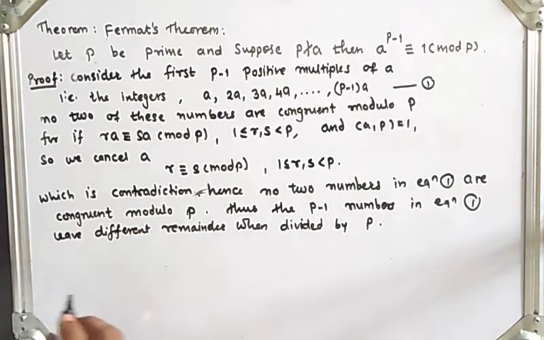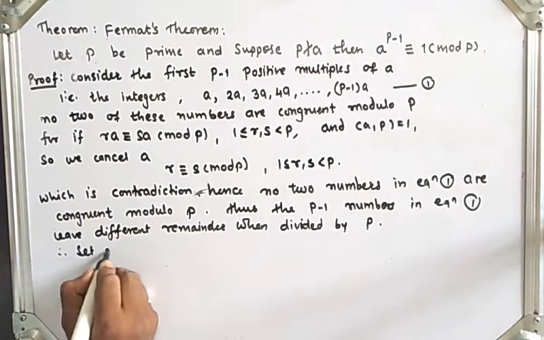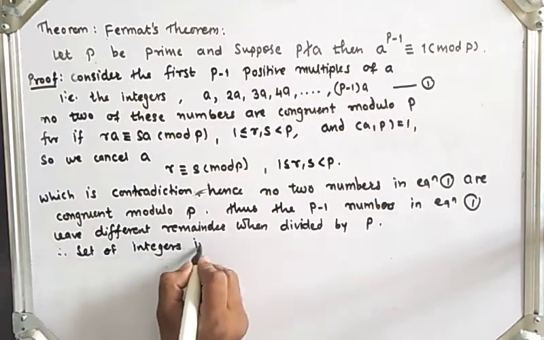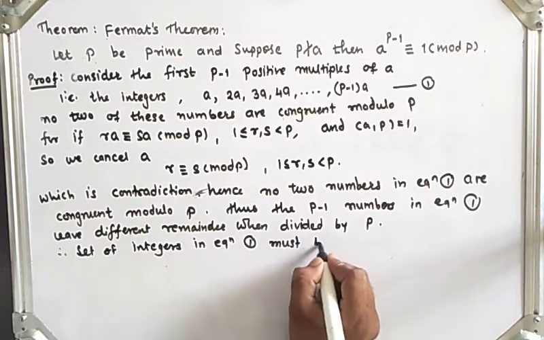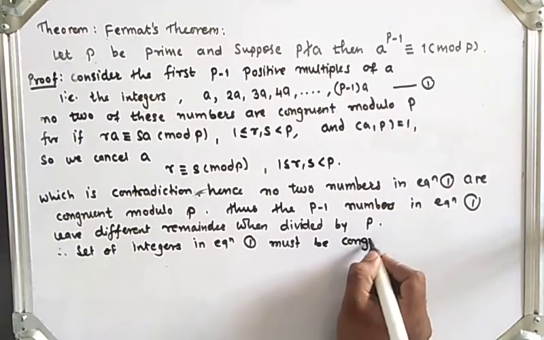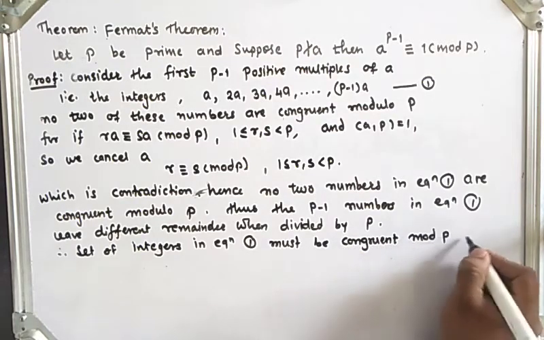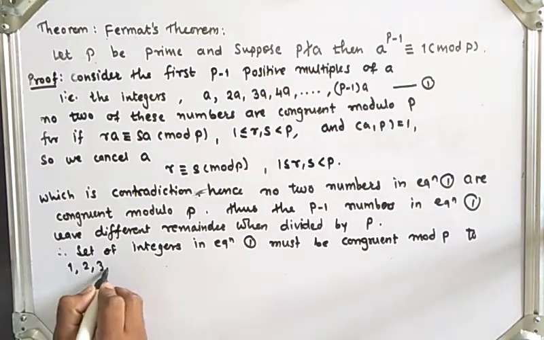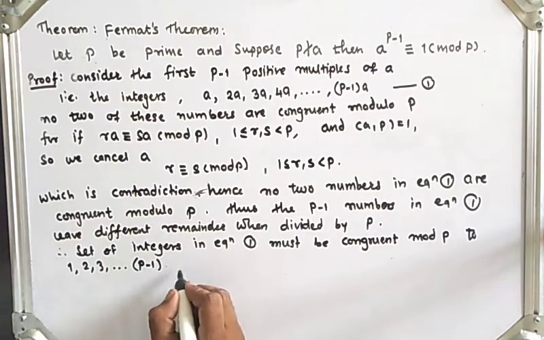Therefore the set of integers in equation 1 must be congruent modulo p to the numbers 1, 2, 3 up to p minus 1 taken in some order.